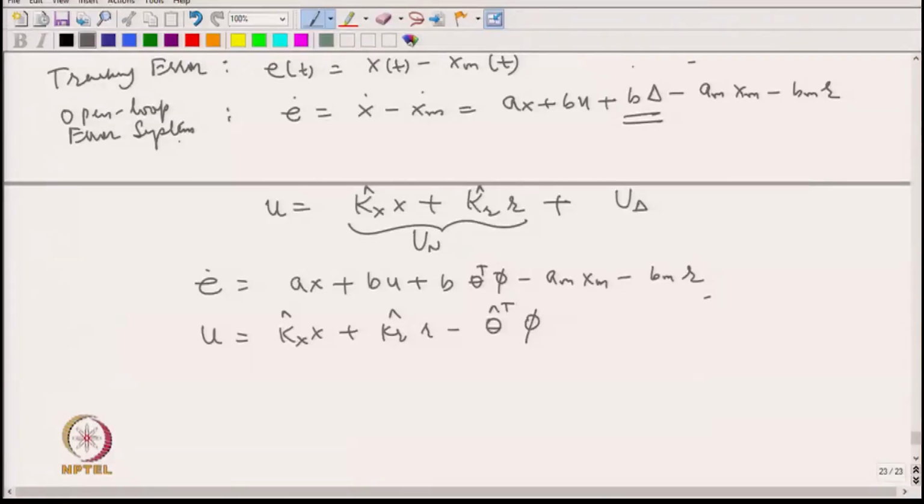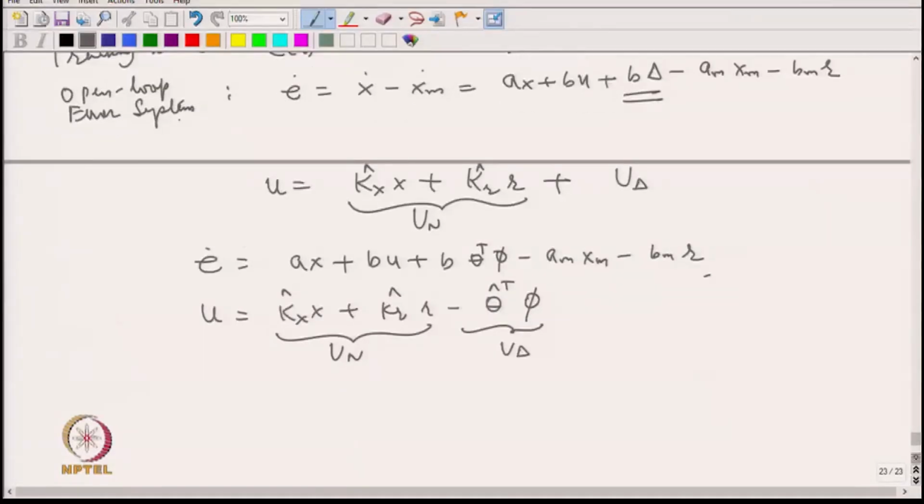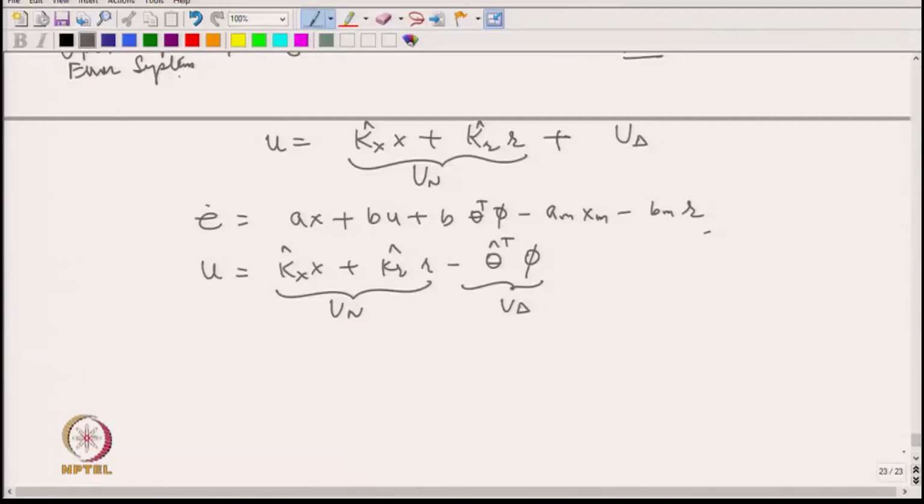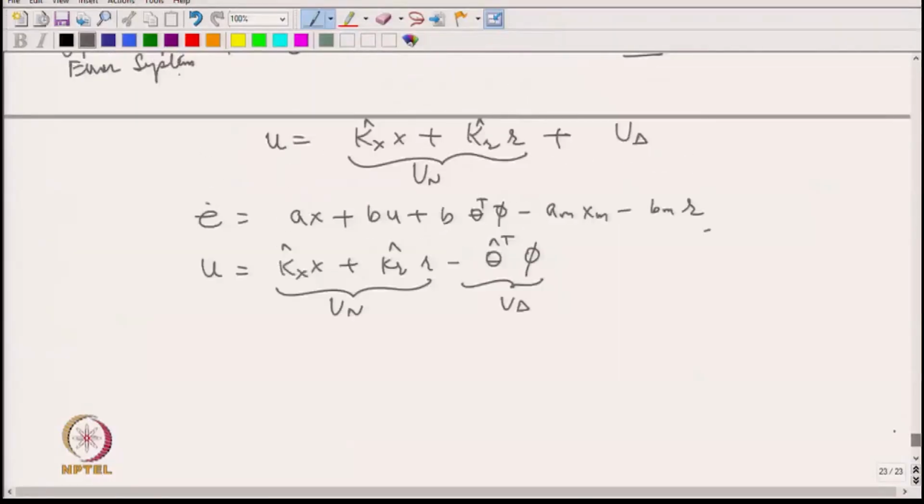Okay, so this is the nominal controller, and this is the part which is used to account for the nonlinear term. Okay. So, we need to design the update laws for k x hat, k r hat, and theta hat. The fact that this term is linearly parameterizable helps us write it simply as a linear combination of the functions x, r, and phi.